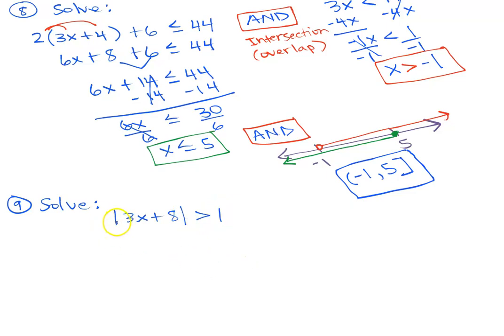Our absolute value part is by itself already. If it isn't, make sure you get it by itself before you make your two statements. I'm going to make my two statements like I did before. This first one is just the same: 3x plus 8 is greater than 1, just without the absolute value bars. What is my second statement going to be?